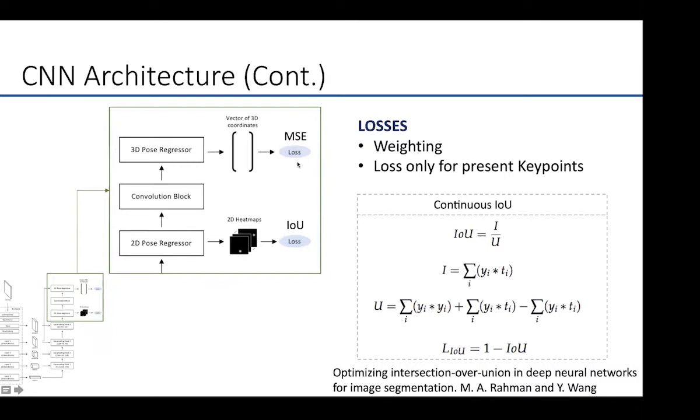More details about losses. I use two kinds of losses. For the vector, I use the usual mean squared error. For the heatmap, I use intersection over union. It is a very good loss. Interestingly, in the papers I've researched, nobody uses this loss, but my mentor said that probably they use it but do not disclose all the details.